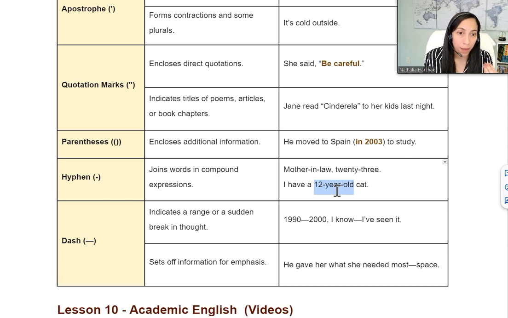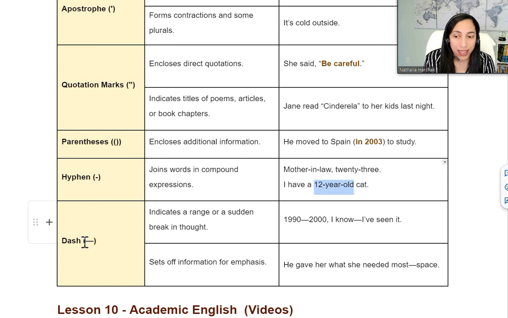Because this block of words works as an adjective, I need to make sure I hyphenate them. It's a little bit advanced for some people, okay? But it's something that you totally should incorporate into your vocabulary because it's a really good thing to know, all right?